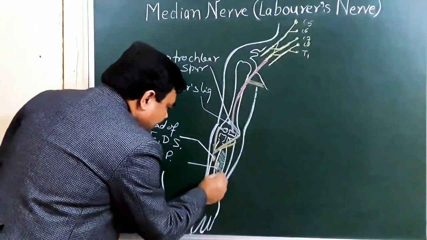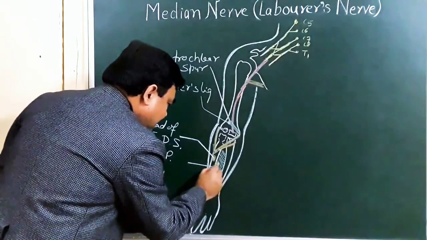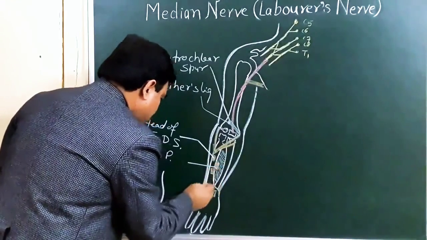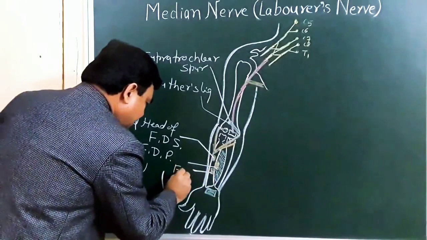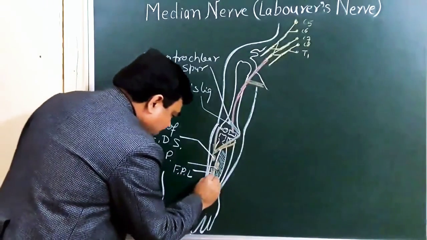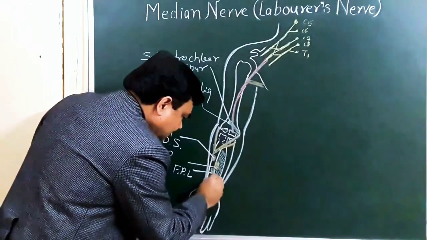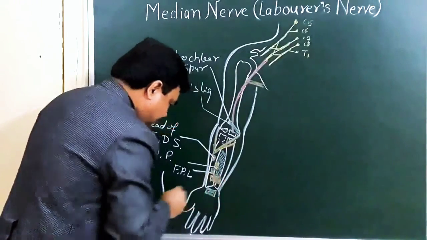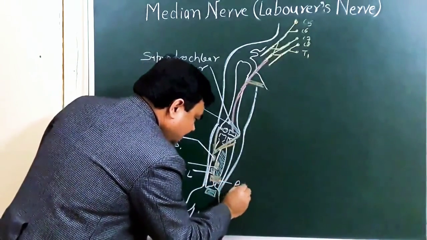And the next muscle is the flexor pollicis longus. And another muscle present here is the pronator quadratus.